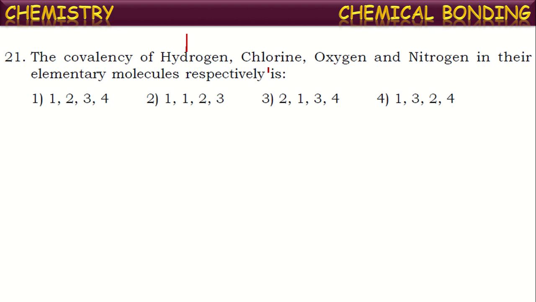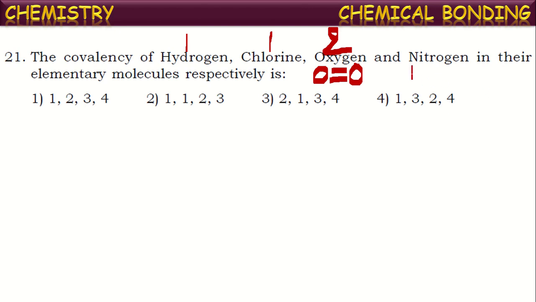If we see in case of chlorine also, both the chlorines share a pair of electrons between them in attaining stability. As they share one pair of electrons, the covalency of chlorine also is considered as 1. In case of oxygen, they share two pairs of electrons between two atoms. So the number of electron pairs shared here is 2, hence its covalency is taken as 2.